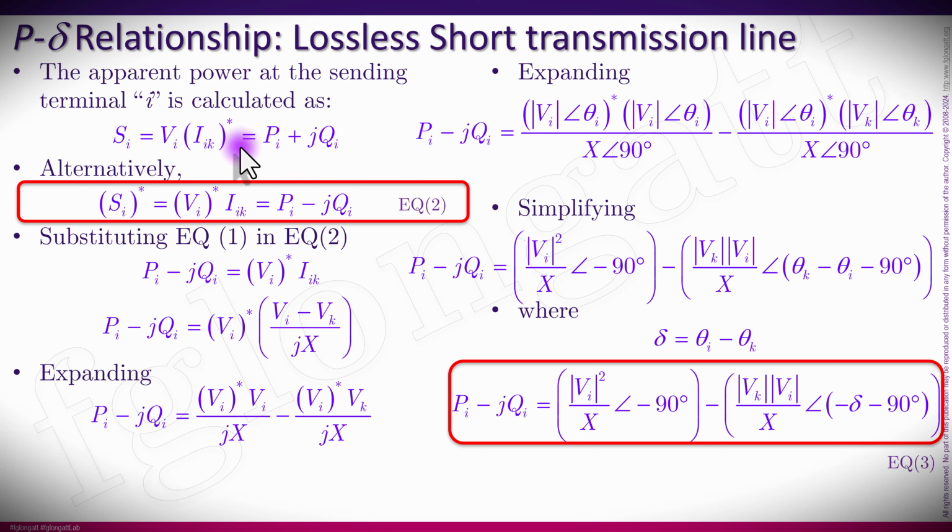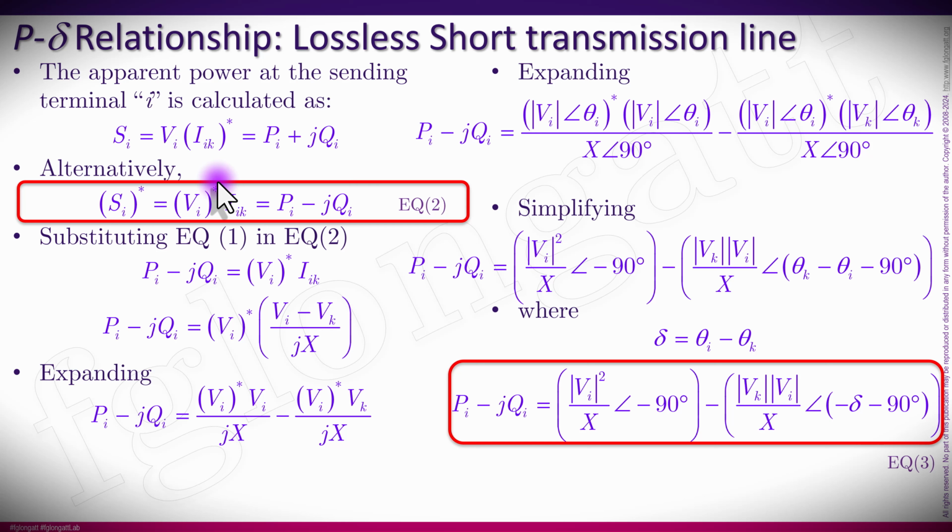So from this equation, what I will do is just a very simple mathematical trick. I will apply the complex conjugate on both sides of this equation. On the left-hand side, I have the conjugate of the apparent power, which is P minus jQ.